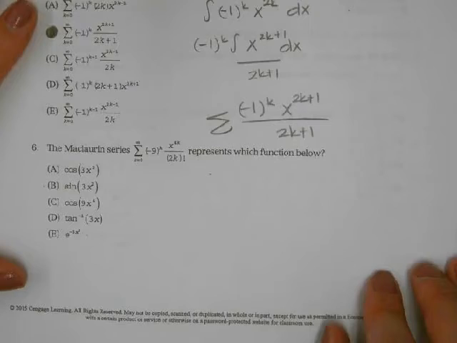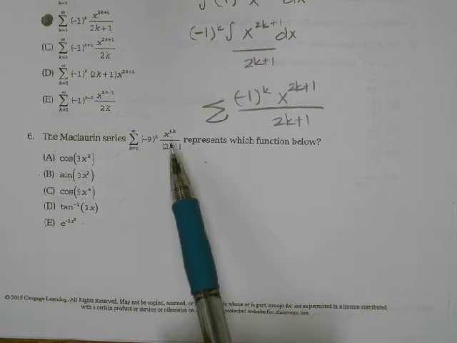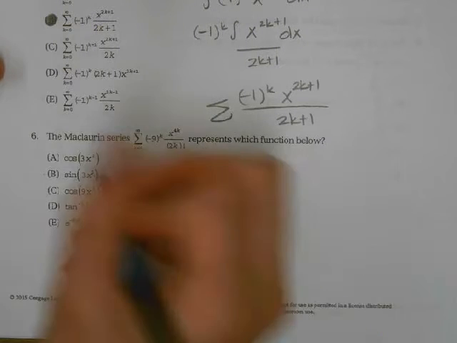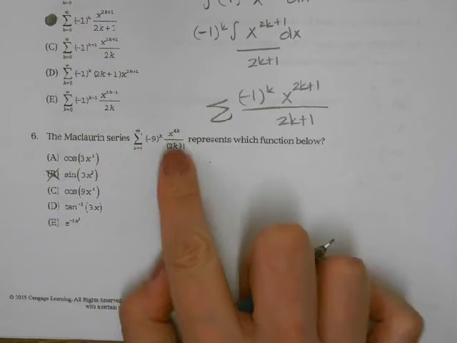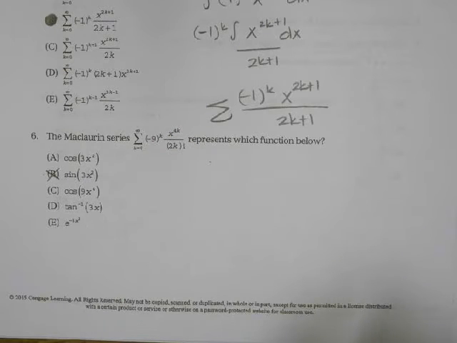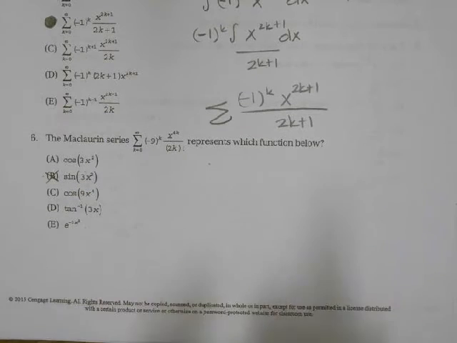All right, the Maclaurin series represents which function? So here I kind of had to think about things. I automatically got rid of sine because sine only has odd exponents, and I could see that this one had even exponents. And then I knew that if it was raised to the second power, actually, I guess those would have become even.